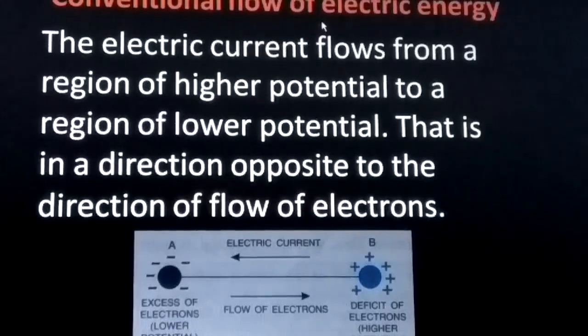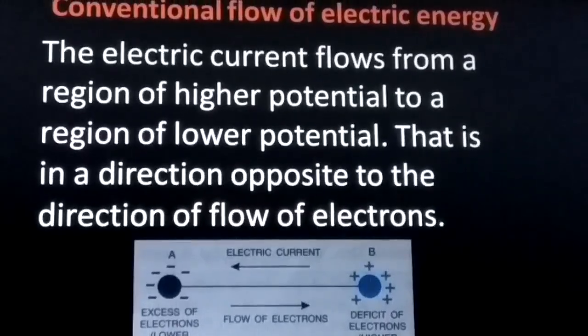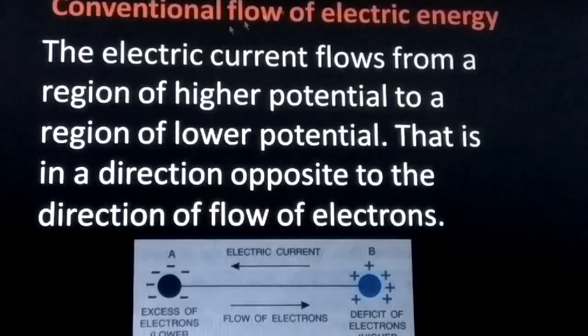So conventional flow of electrical energy. Always remember, students, electric current flows from a region of higher potential to a region of lower potential.